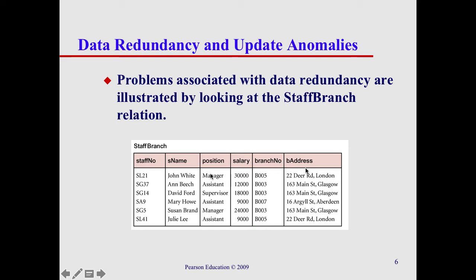Okay? But as an example of something that might not eliminate an update anomaly when we separate entities, let's say I really did say that a branch and a position determined a salary. Okay? Then putting the branch number and the position and the salary all in the staff relation is not going to eliminate the update anomaly potential I have.